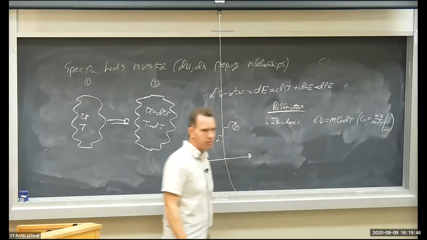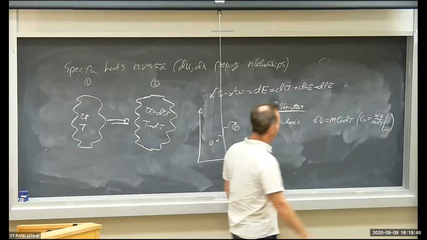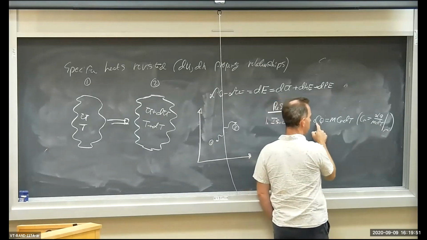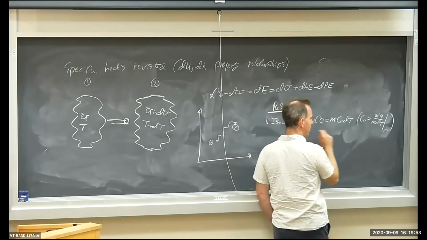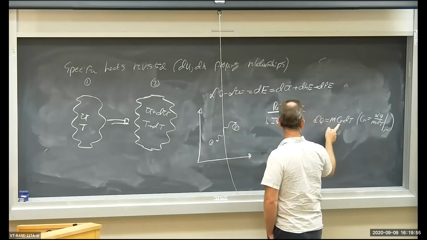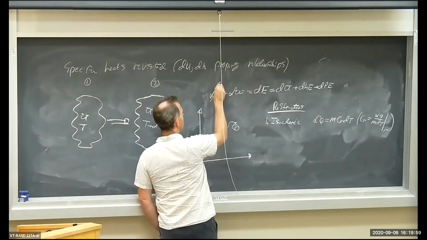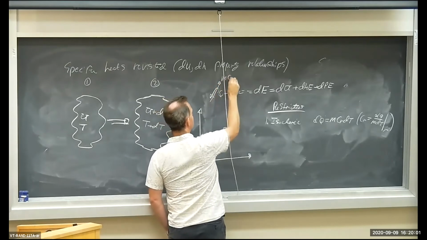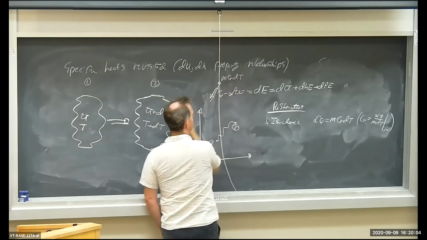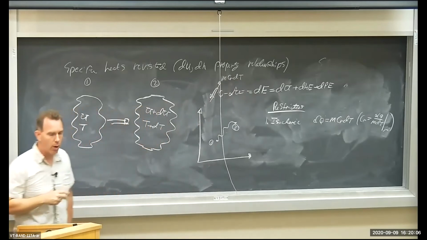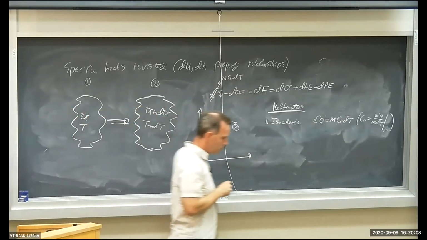That's the definition of CV. So I'm using that to point out that del Q, the differential heat added, is m CV dT. So this guy here is m CV dT, if it's an isochoric process.